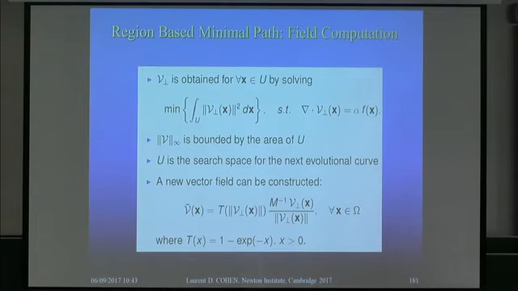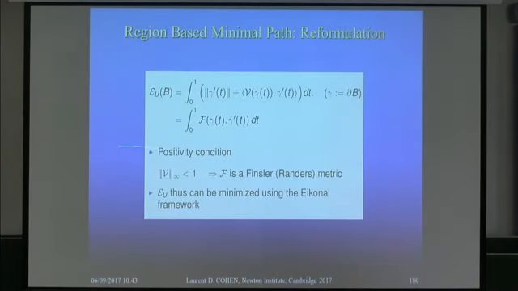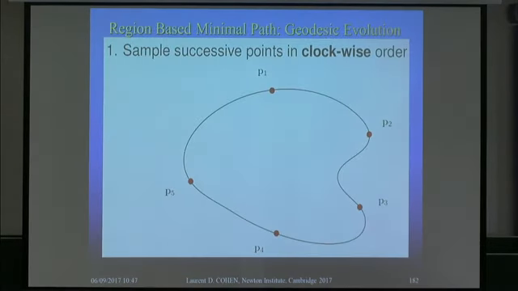I don't have time to explain here, but we have a way to find V such that this equation holds, and as well that we can transform it in order to have this condition of positivity satisfied. And in this way, we can use this minimization of Finsler geodesics in order to find region-based minimization.